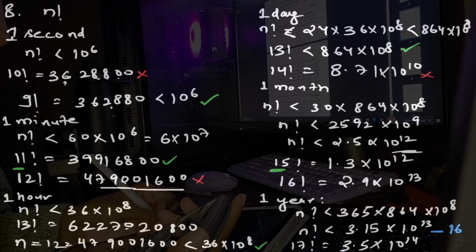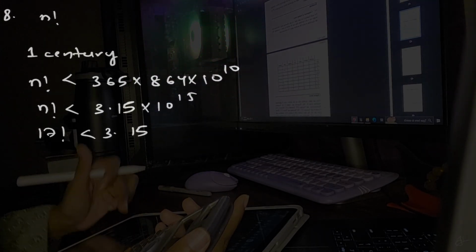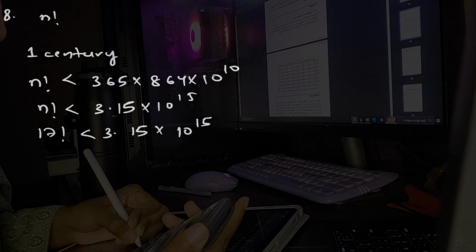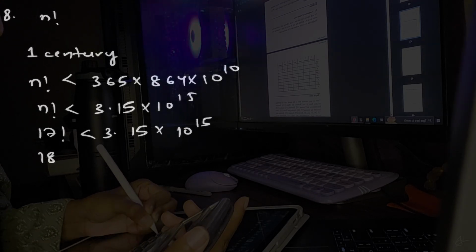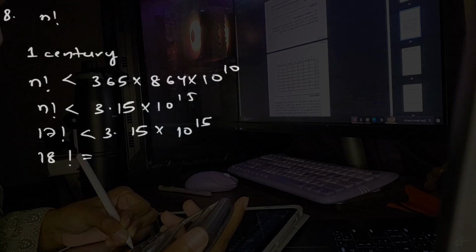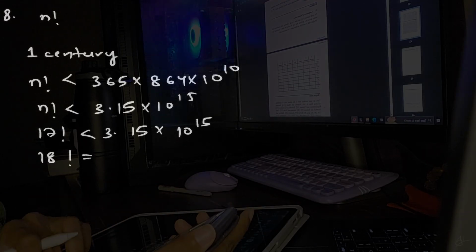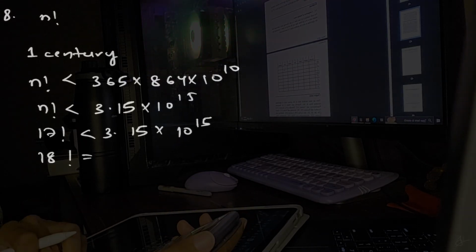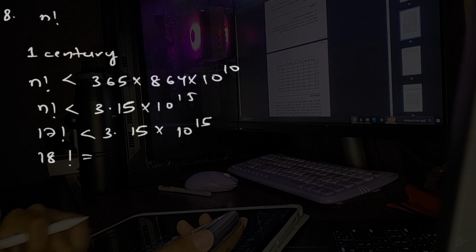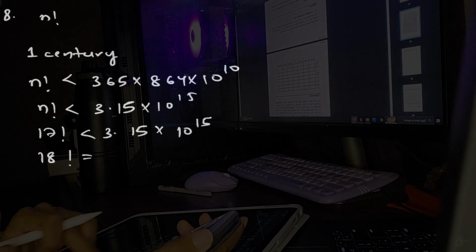We have 17 factorial, which is less than that value. But we gotta try for 18 factorial. Let us see what 18 factorial equals. 18, 17, 16, 15, 14, 13, 12, 11, 10, 9, 8, 7, 6, 5.